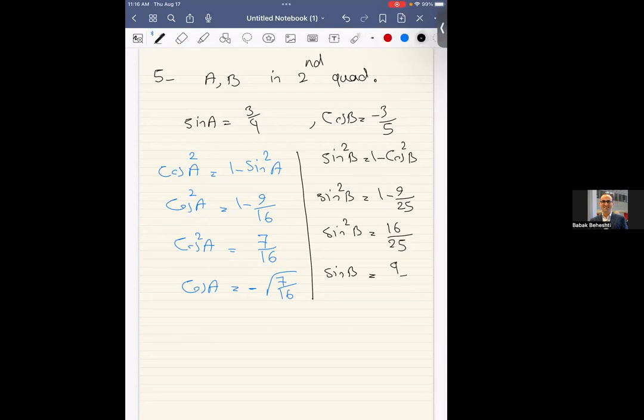So it's 4 over 5. So we have everything: sine A, cosine A, sine B, cosine B. Now you can use this formula to compute cosine of A minus B. That's it. Just plug in the numbers.